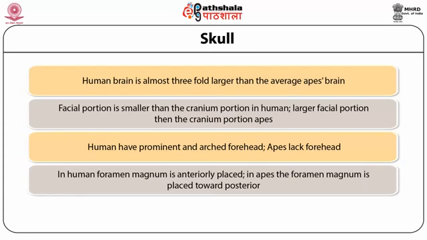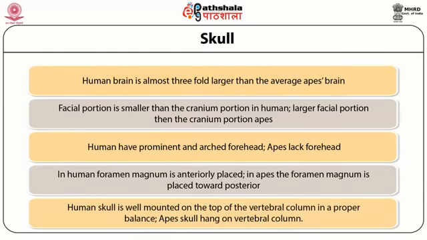We can see this in the next figure. But in the case of apes, the foramen magnum is placed towards the posterior, making the skull hang on the vertebral column.